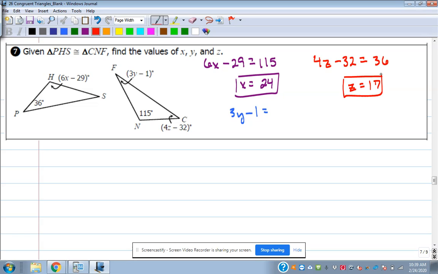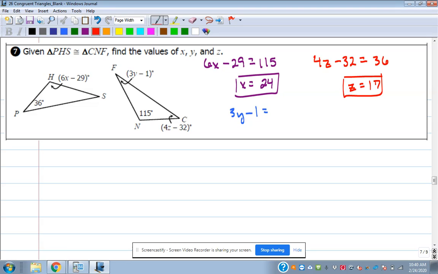All right, let's go back to that y. How can we find that out? Okay, so I can plug in my numbers. Do I really have to plug in the numbers? Because I know that angle H is congruent to angle N, so it's really 115. Doesn't matter what I plug in for x there. It should be 115 plus 36, minus 180.